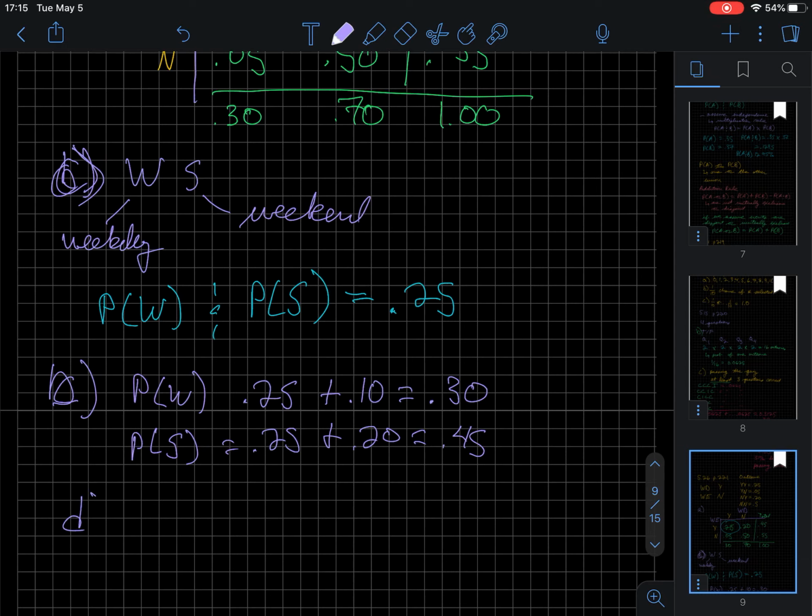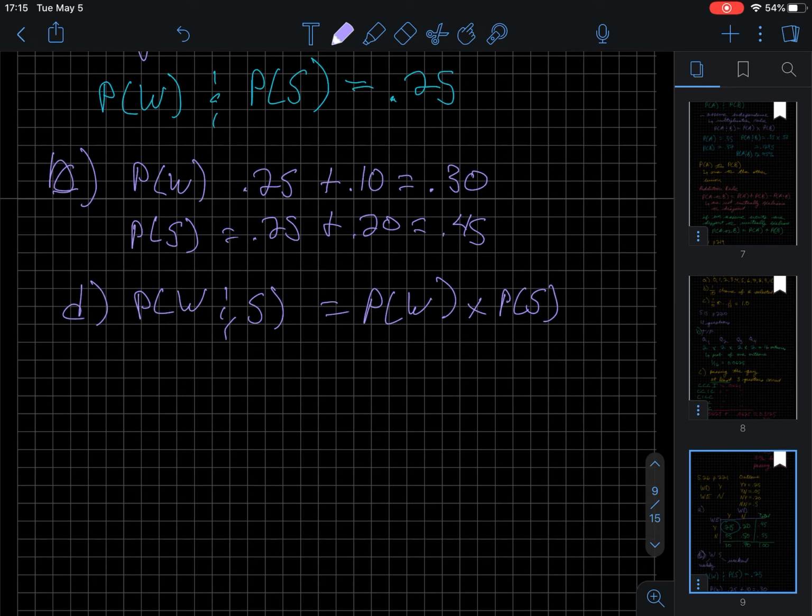So then D is asking us, are W and S independent events? Explain why you would normally not expect customer choices to be independent. If these were independent, we would expect the probability of W and S to equal the probability of W times the probability of S. This would equal 0.3 times 0.45, which equals 0.135.